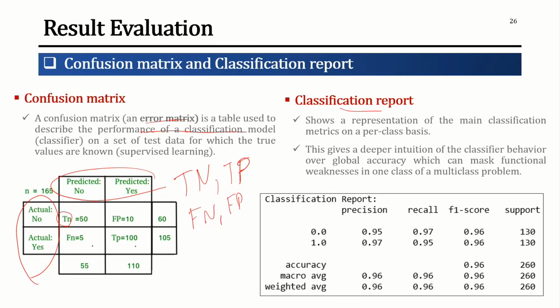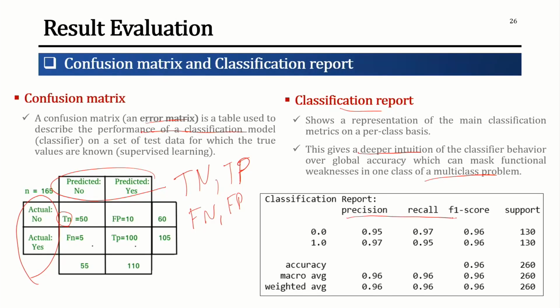And next we have the classification report. It shows us a representation of the main classification metrics on a per class basis. And it gives a deeper intuition of the classifier behavior over global accuracy, which can mask functional weakness in one class of a multi-class problem. So in my classification report, it gives you much information.